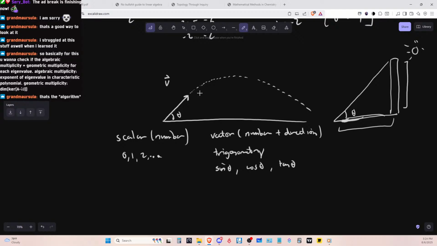Think of when you take a shower and the water goes into the drain. When the water goes into the drain of your tub, it's basically a vector field, a bunch of vectors pulling the water into that specific point. So that's one of the reasons why I think vectors are important, at least for me.